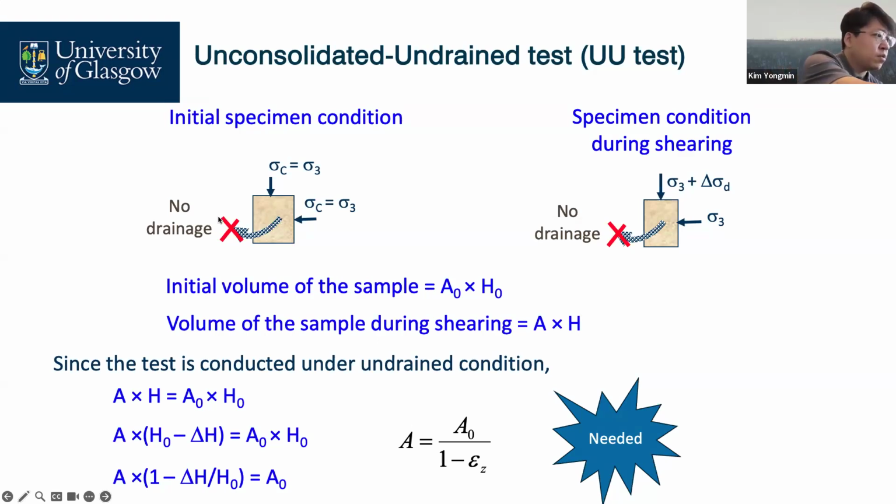For example, this is your soil sample, but when you compress it, can you see? Is this cross-section area the same as this? I don't think so. So we need some area corrections.